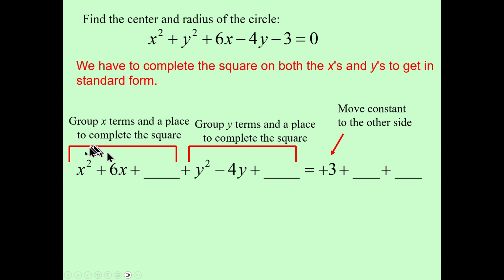I'm going to go ahead and complete the square on the x squared and then on the y squared here. So half of 6 is 3. 3 squared is 9, so we will add a 9 there. Half of 4 is 2. 2 squared is 4 here.